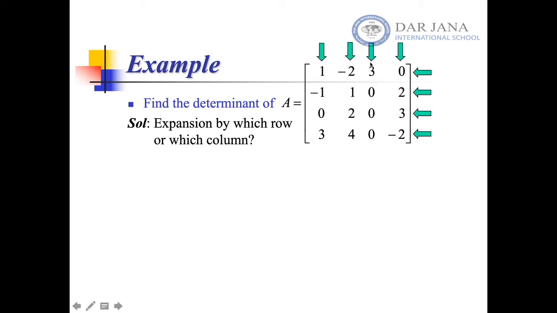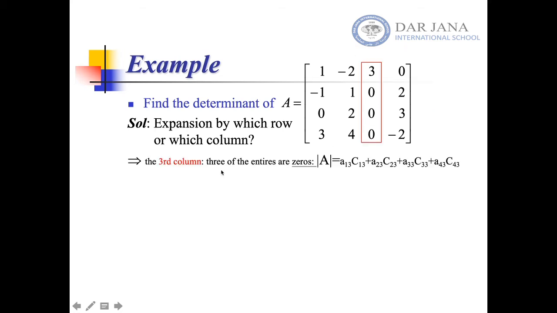So I'm going to expand using the third column. In the third column expansion, three of the entries are zeros. So the determinant will be A13 C13 plus A23 C23 plus A33 C33 plus A43 C43.